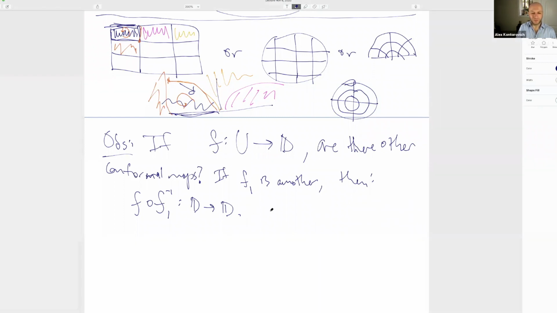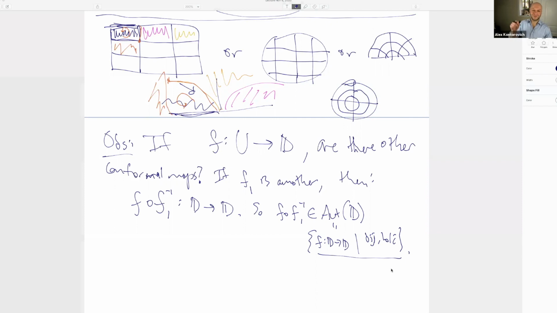So F composed with F1 inverse is an element of the automorphism group of the disk. This is the set of all functions from the disk to itself that are bijective holomorphic. And these form a group because if f is there, f inverse is there, and the function f of z equals z, the identity, is there, which doesn't do anything to the disk.